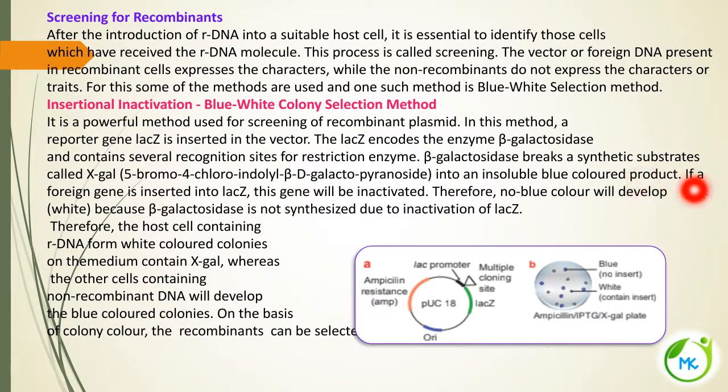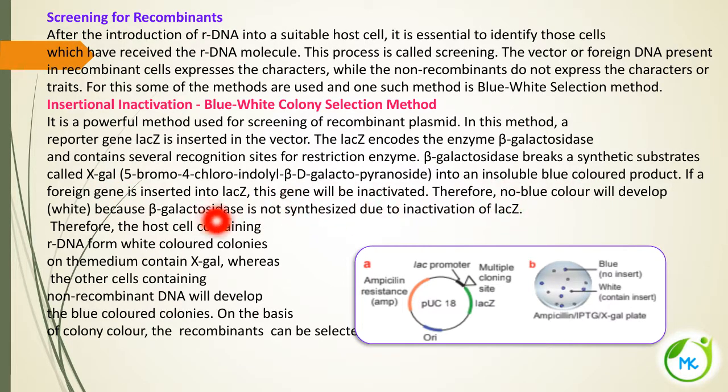So if we introduce the foreign gene in this lacZ region, the gene will be inactivated, because in place of that lacZ gene we insert the foreign gene, and therefore in the recombinant there will be no blue color because there is no lacZ gene. When the lacZ gene is not there, the beta-galactosidase enzyme cannot be produced, and it cannot convert the X-gal into a blue color.